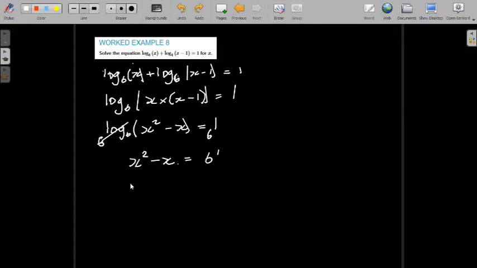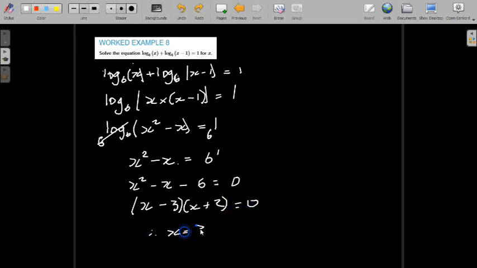Now I've got a quadratic. So take 6. Just need to solve using our null factor law. So I'll have x take 3, x plus 2 equals 0. So x equals 3 or minus 2.